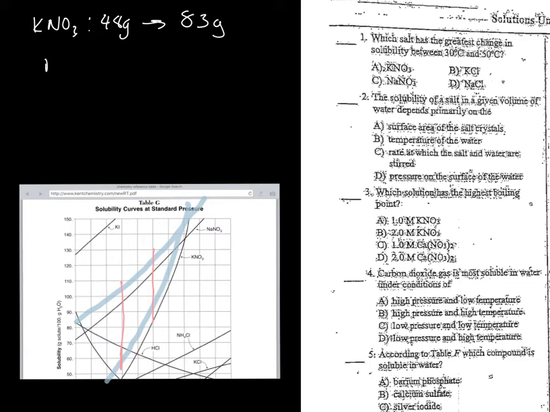And then let's look at NaNO3. It goes from about 96 grams to about 116 grams. Now looking at the difference between these, I think KNO3 has the biggest difference. If you notice, it's a lot steeper in comparison. So for number 1, let's go with KNO3.